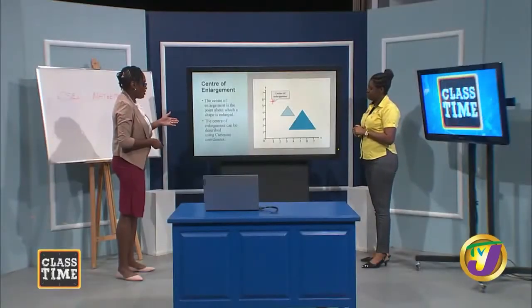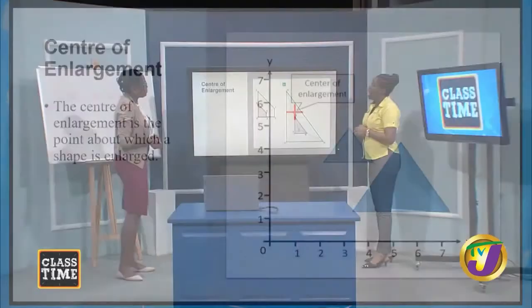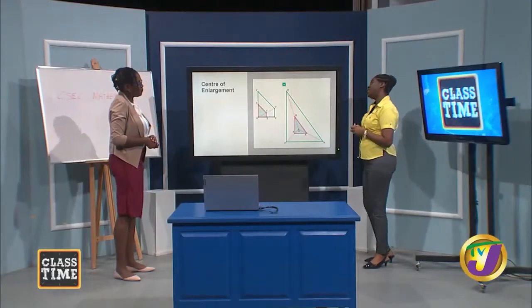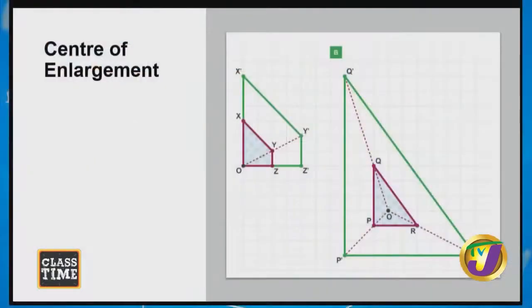As you just mentioned, the center of enlargement can be anywhere, and we can describe it using its location on the Cartesian plane. Another interesting fact about the center of enlargement is that it can be on the object.